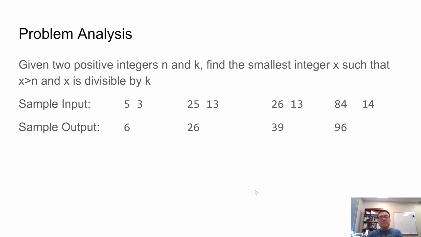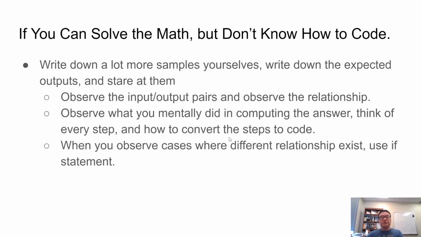When you write a lot of them, you can do one of two things. One is you can look at these input and output pairs to observe patterns, and then use that pattern to help you. The second possible thing to do is, because you actually know how to compute the answer, you're following some steps to do it. It's just that this step may be too fast that you don't even realize what you are doing.